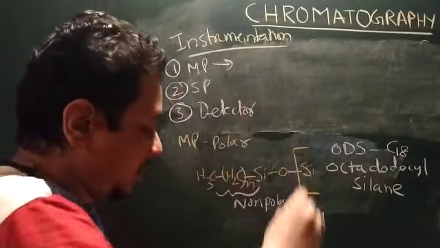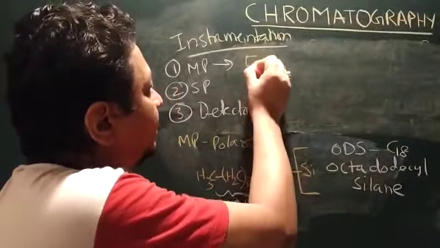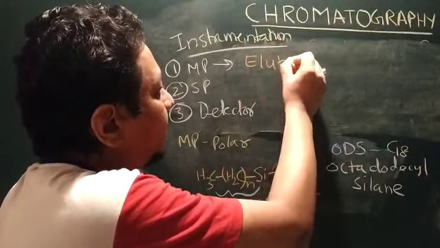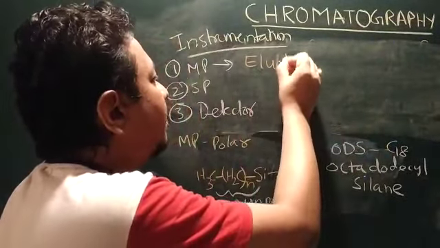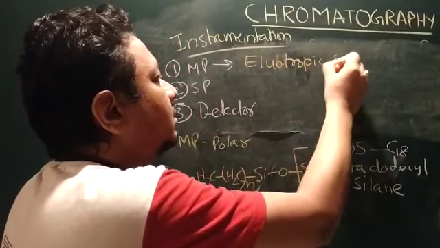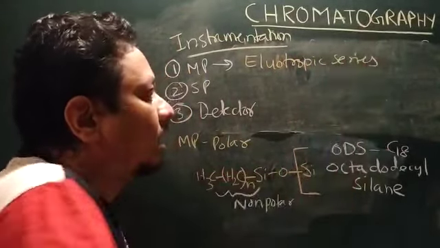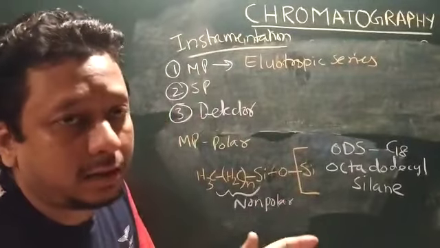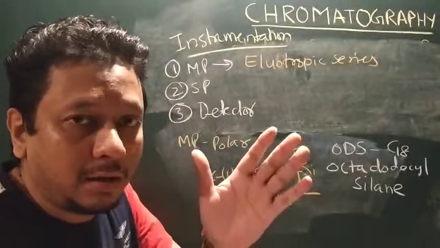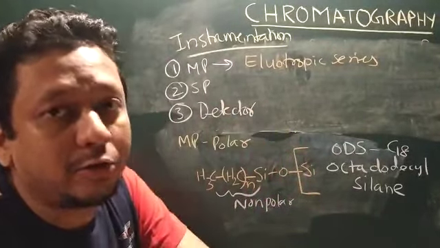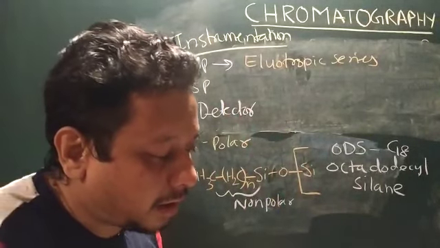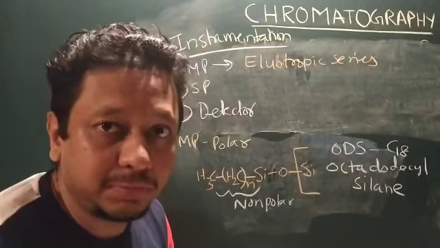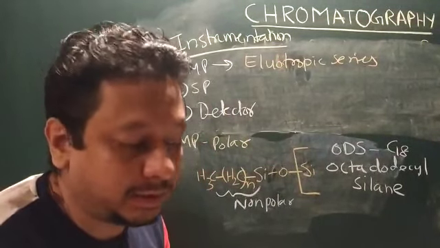We have different mobile phases as per the eluotropic series. Here the mobile phase is selected from lipophilic to hydrophilic. For example, hexane will be the first mobile phase selected.